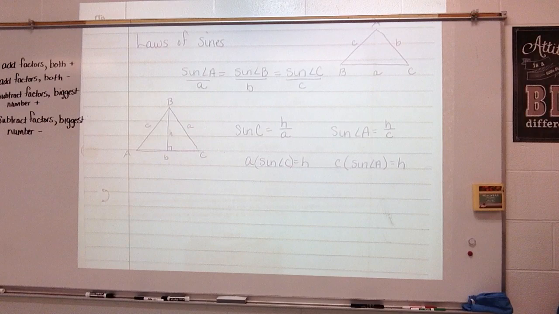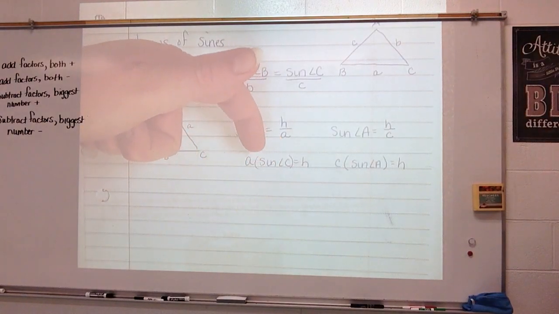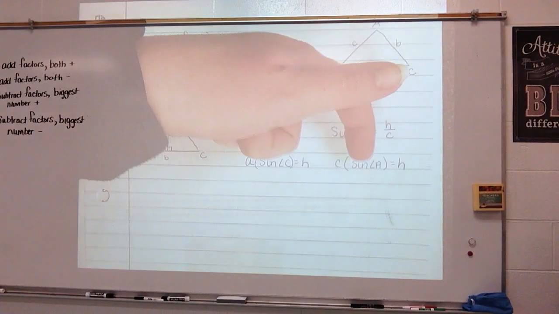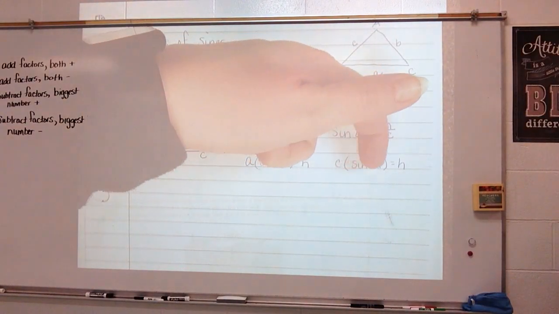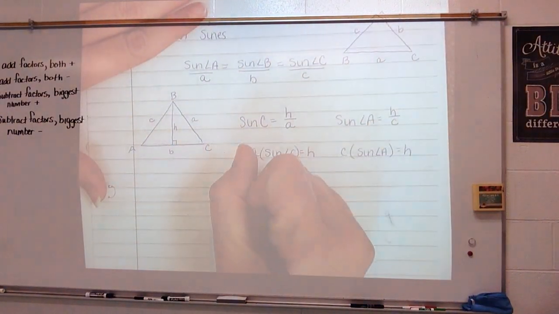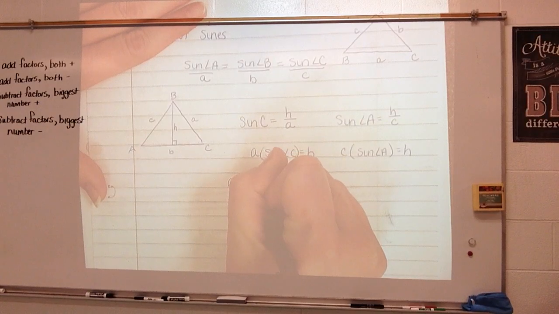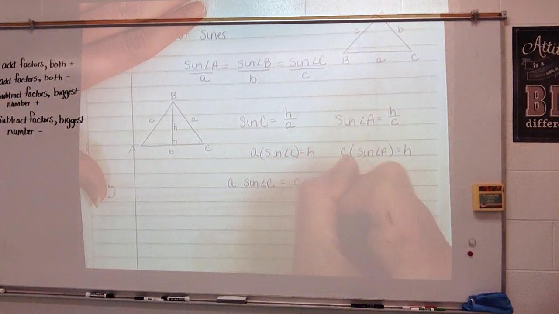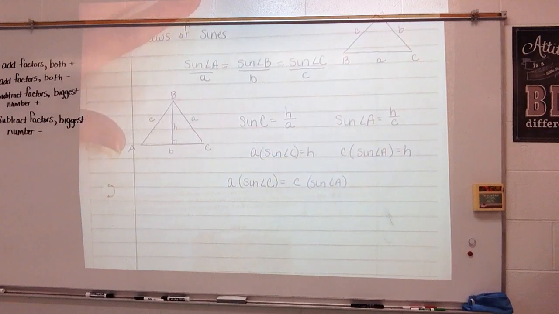So what can we conclude so far? Since h is equal to a sine of angle C, and h is equal to c sine of angle A, we can say that a sine of angle C is equal to c sine of angle A, because they both equal h.